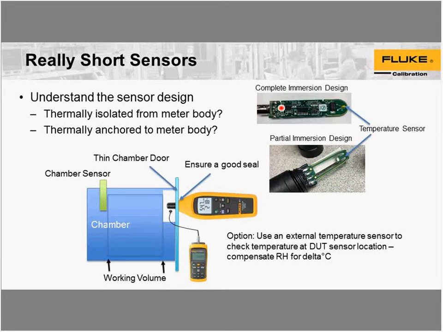This other sensor is designed to be immersed into a measurement system. If you look at the design, the temperature sensor is built on a thermally isolating aluminum piece here. It's mounted on a wiring structure that has very low potential for thermal conduction, which helps to isolate the temperature sensor better.